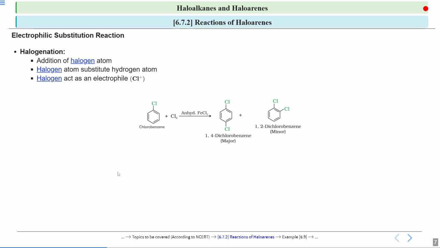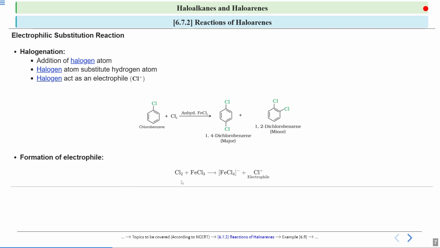Okay, so here, how does the electrophile form in this process? First of all, the chlorine molecule, the halogen molecule which we are taking, reacts with the catalyst, that is FeCl3, and a complex forms: an anion plus a cation. So FeCl4 negative plus Cl positive. So you will get your electrophile, which is going to attack on the benzene ring because it is unstable.